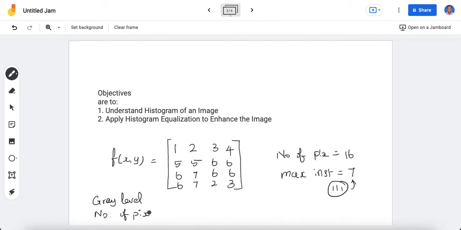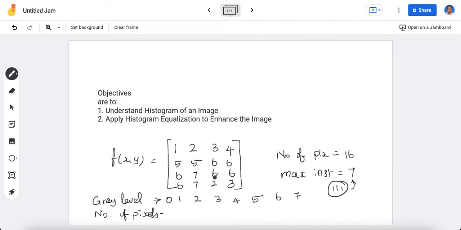So gray levels are 1, 2, 3, 4, 5, 6, 7, which represent the intensity in my image. It starts at 0 actually. So I missed out 0, sorry, let me include that too: 0, 1, 2, 3 to 7, that is the maximum intensity.